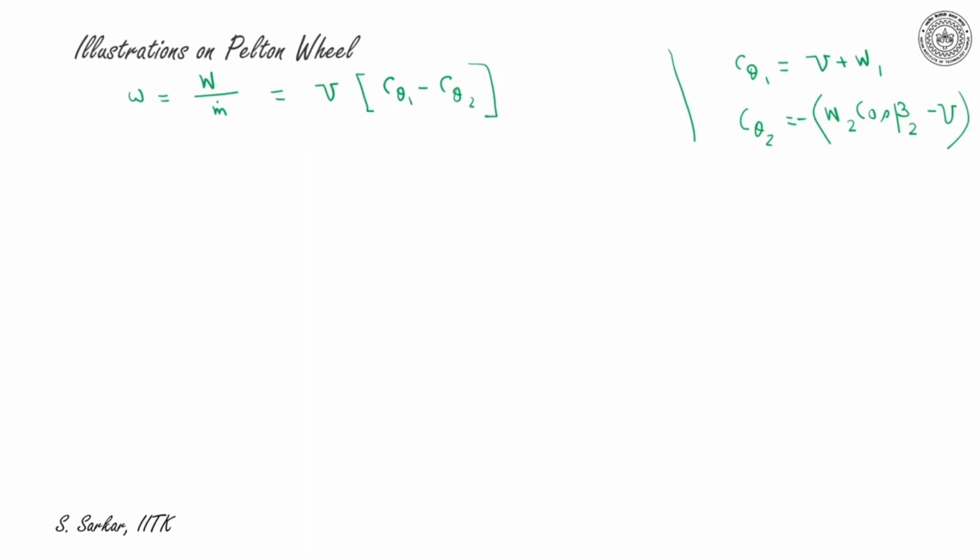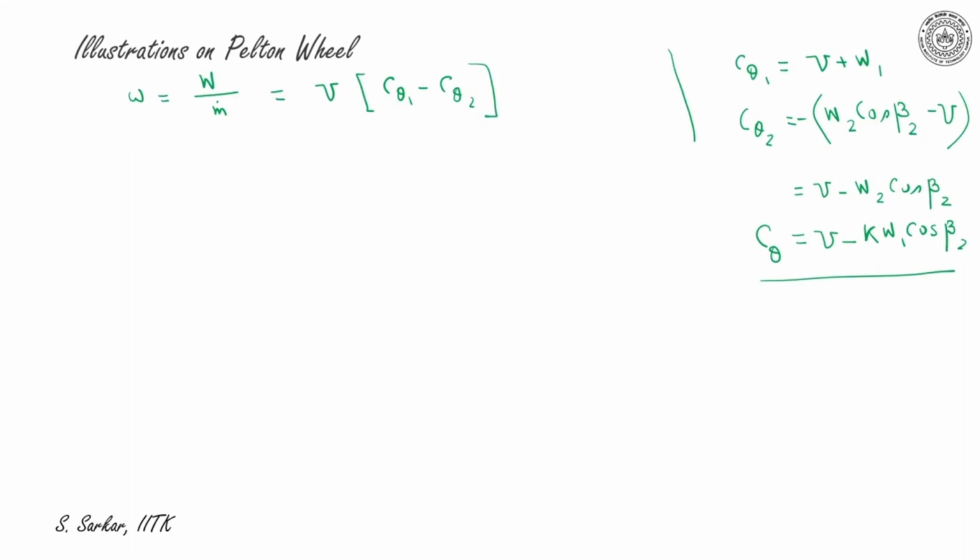Thus, I can write it would be equal to u minus W2 into cos beta 2. Now W2 can be written as K into W1. So u minus K into W1 into cos beta 2. So this is the expression for c theta 2.